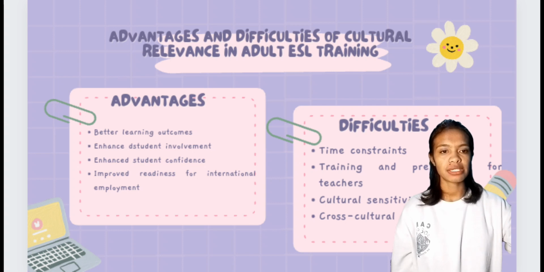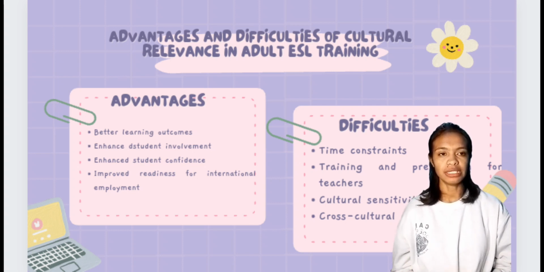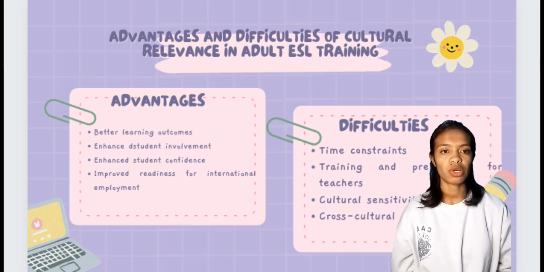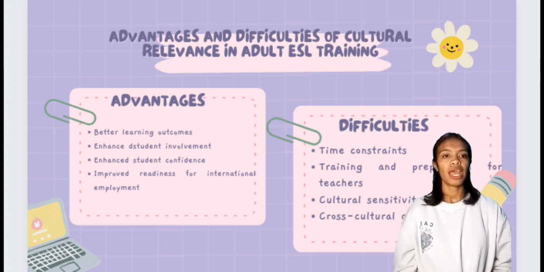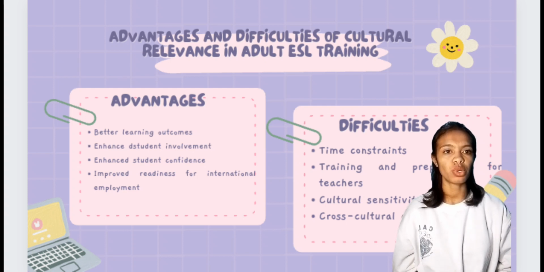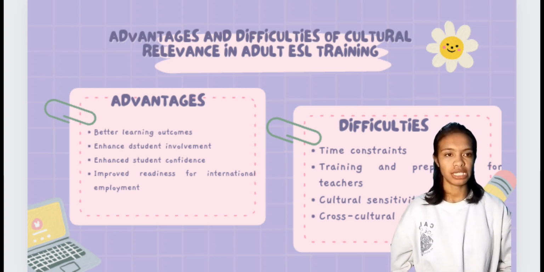And the next is the difficulties of cultural relevance in adult ESL education. The first is time constraints. It may take more time and resources to include cultural relevance into the teaching and learning process, which might not be available in all situations. The second, training and preparation for teachers.